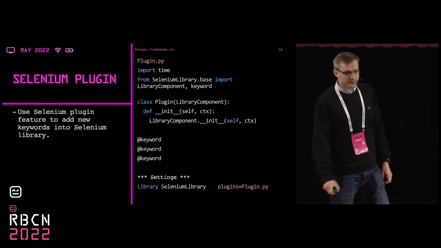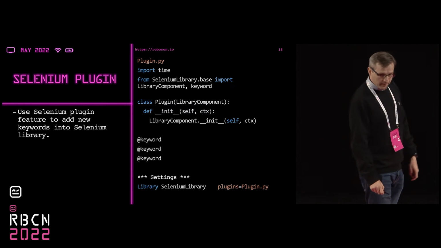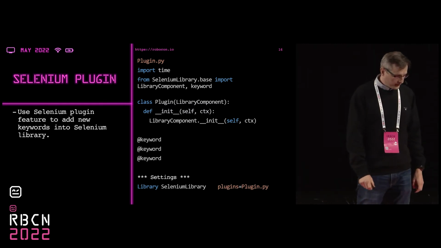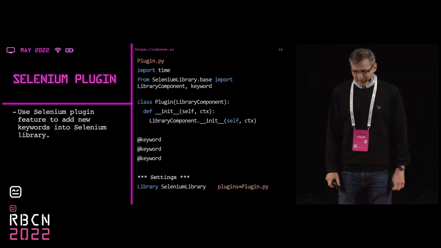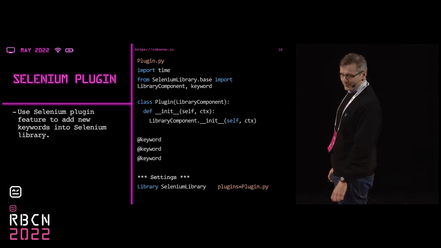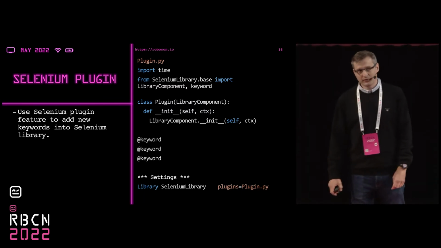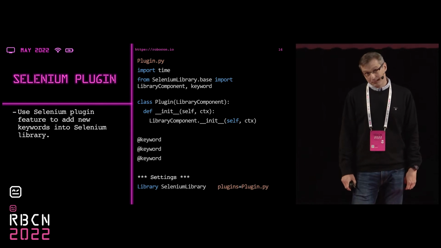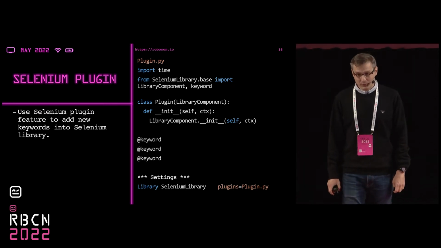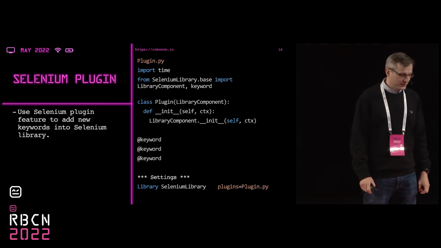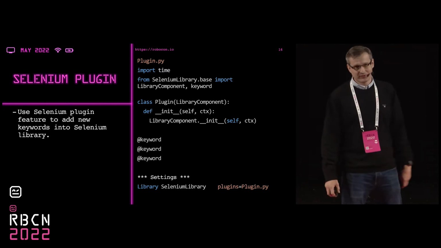I needed to create a Selenium plugin. That was my first time creating a plugin for Selenium. I didn't know much about it, but I investigated the topic a little bit and found out that it was not really rocket science.